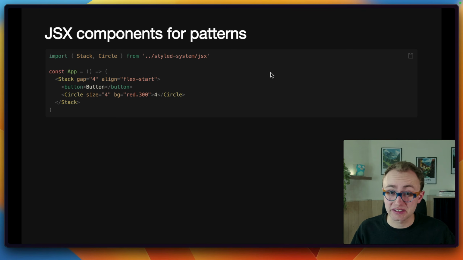If you enable the JSX mode in your project, you also get these patterns as components. You import them from the JSX file, and you get stack, circle, grid, flex. You can then use them as a foundation for your website and style those components through properties.